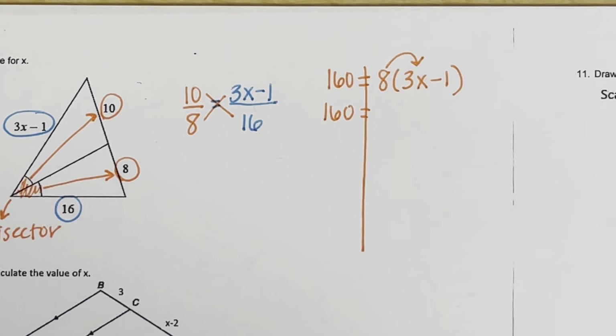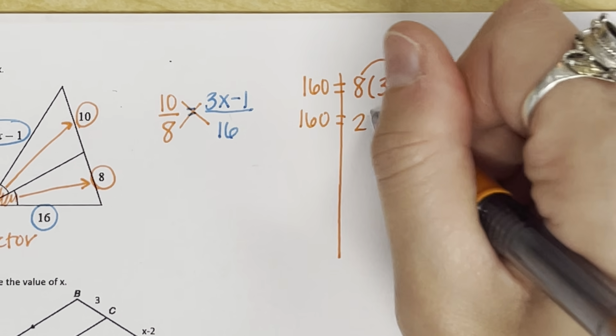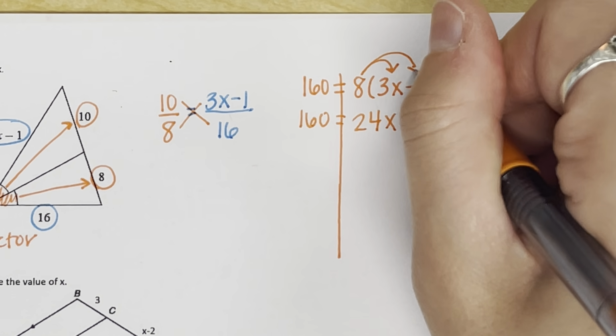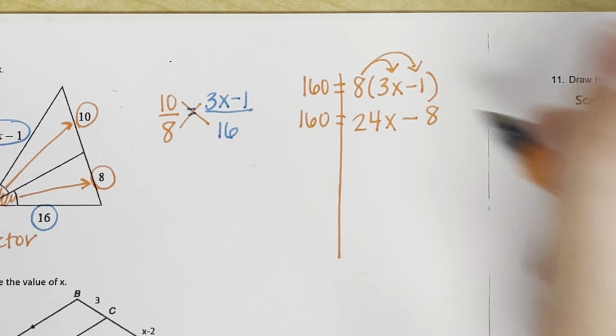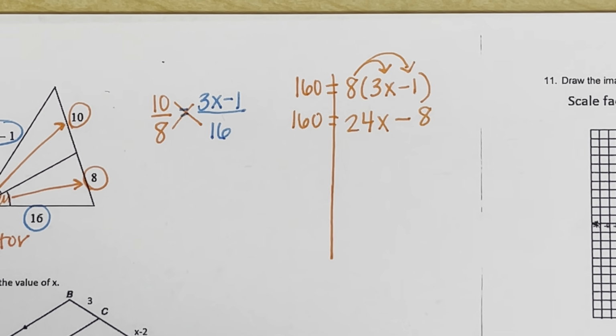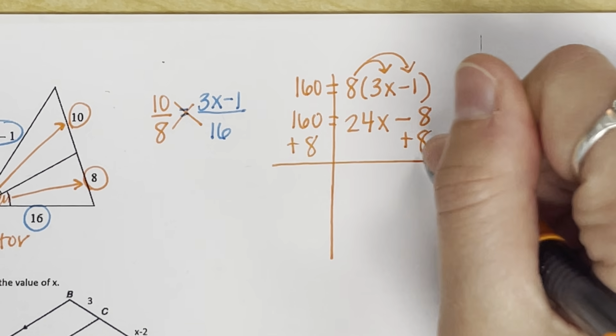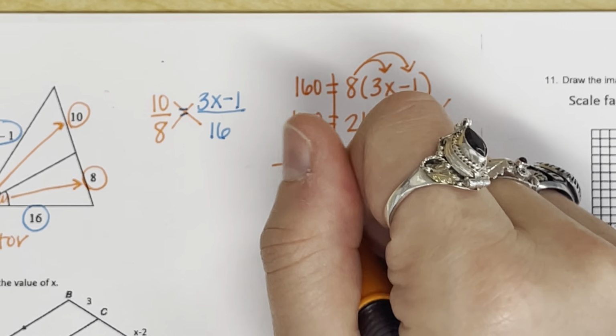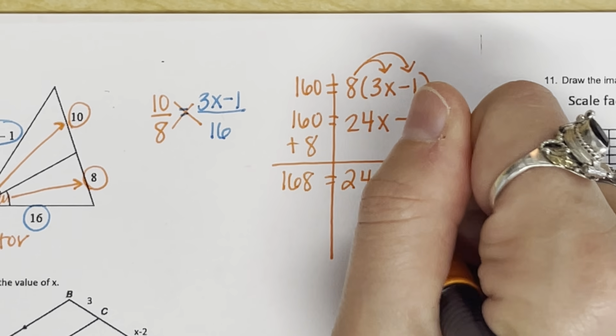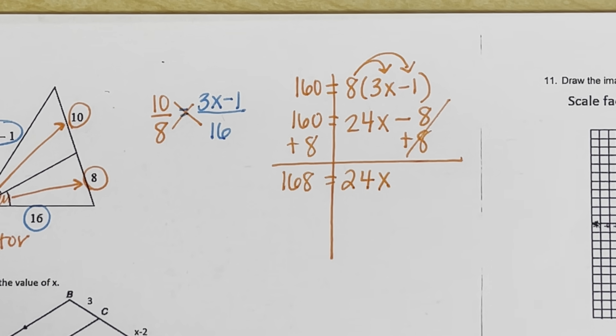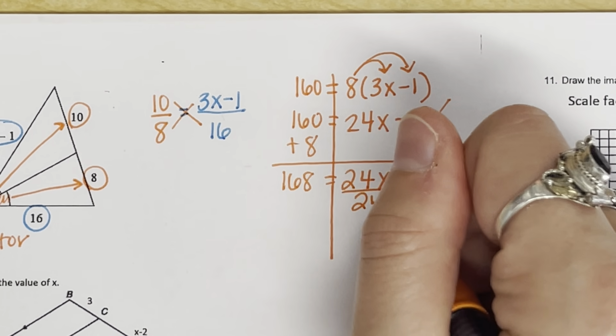So 8 times 3x gives me 24x, and then 8 times -1 gives me -8. My x's are already by themselves, so I'm going to add 8 to both sides. I get 168 equals 24x. And then to get my x all by itself, I divide both sides by 24.